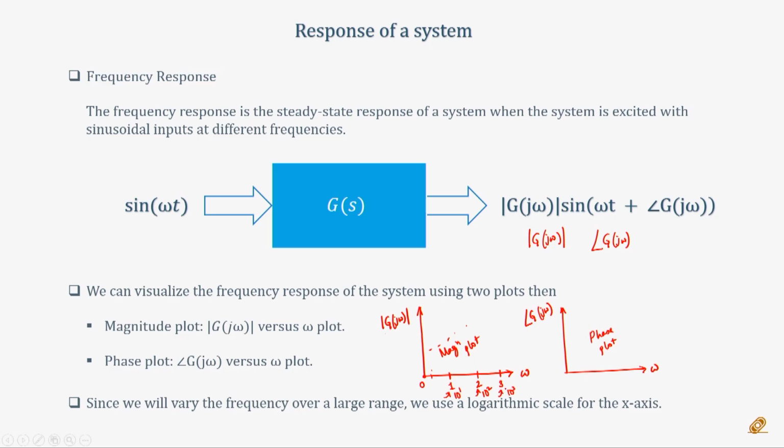So, with each division I am multiplying by 10 and going ahead. There is a decade jump, as it is called. These types of plots will be very useful for us, and these plots are known as Bode plots. We will use these Bode plots quite often, and they hold a lot of information.